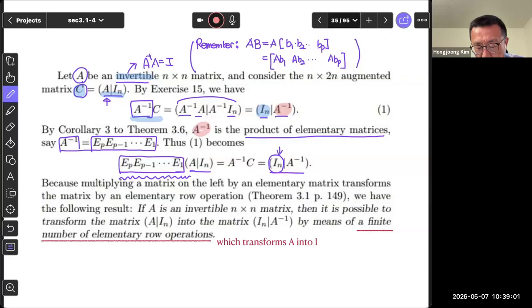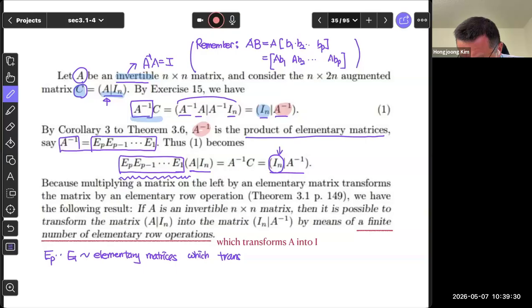So that means EP up to E1 are elementary matrices which transform A to the identity matrix, right?